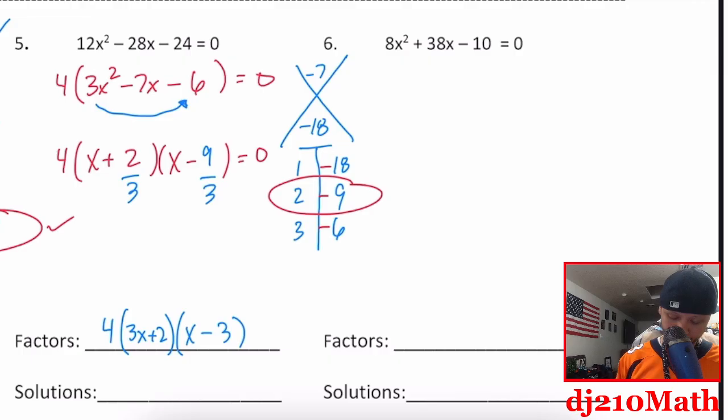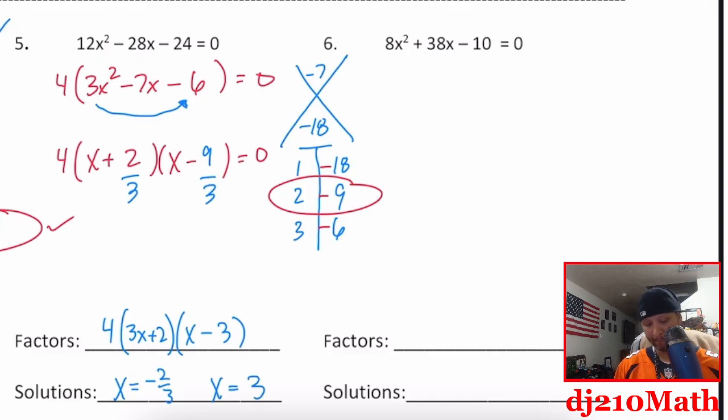It shows that mistakes can happen if you're not paying attention. Okay, the solutions. -2 over 3 and positive 3. That was going to be bad.